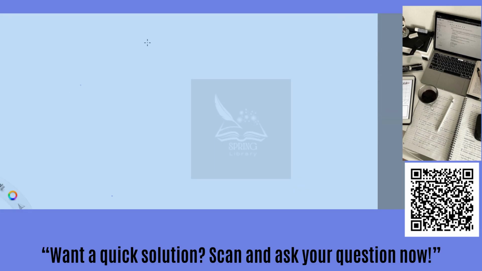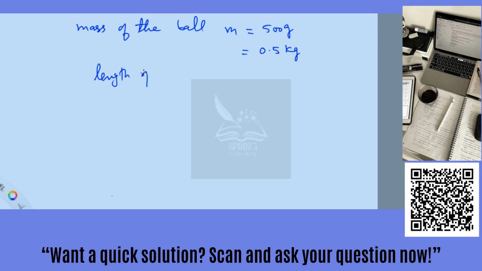Hi. In the given problem, mass of the ball is given as m is equal to 500 gram, or we can say this is 0.5 kilogram. Length of the string is L is equal to 1.5 meter.